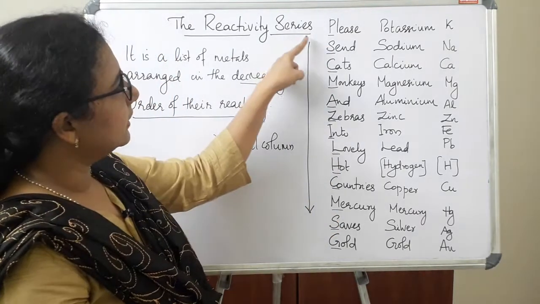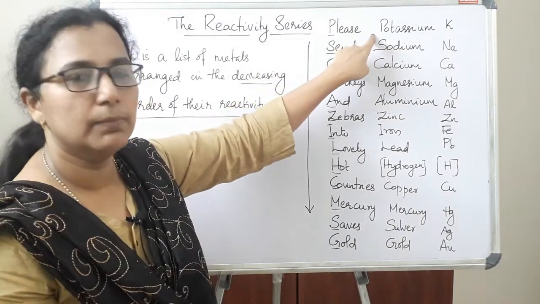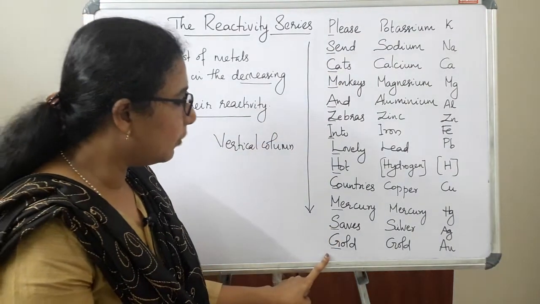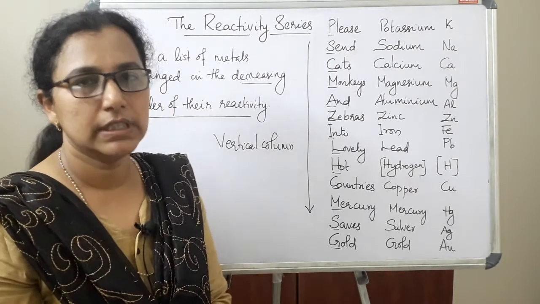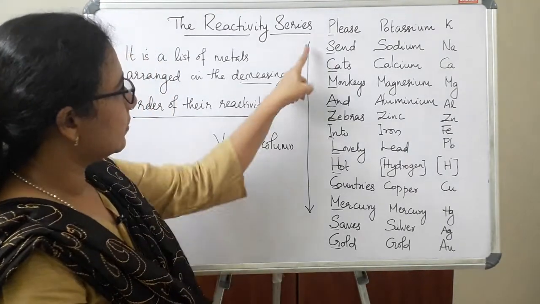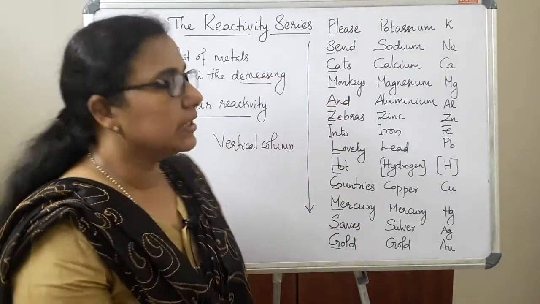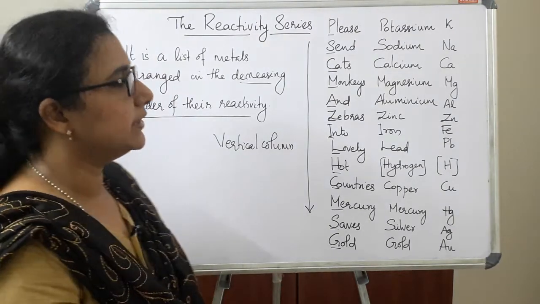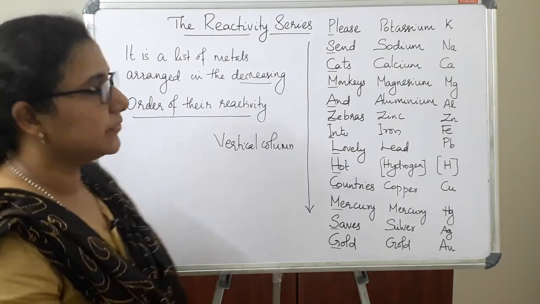That means at the top of the series the metal is more reactive, and at the bottom of the series the metal is least reactive. So a vertical column of elements arranged in the decreasing order of their reactivity is known as the reactivity series. So this is about the reactivity series.